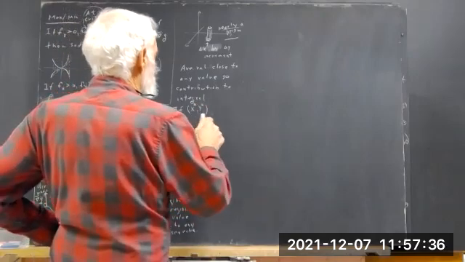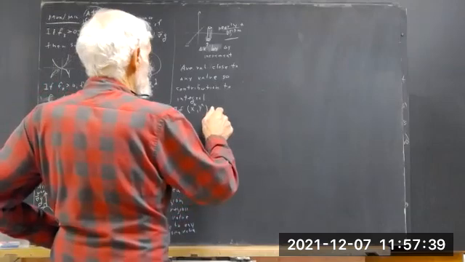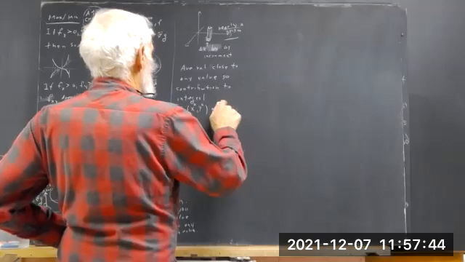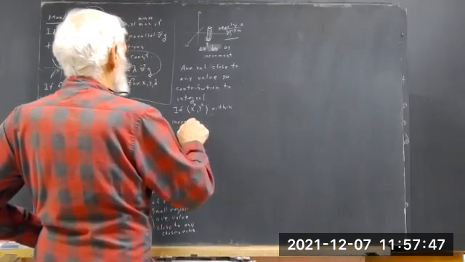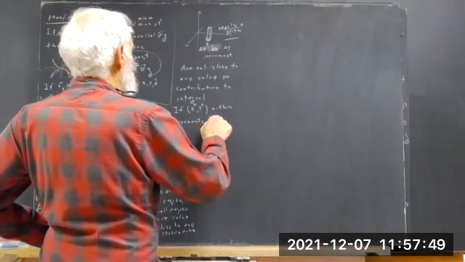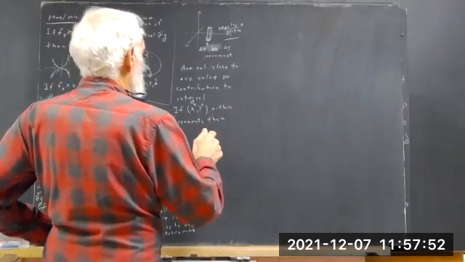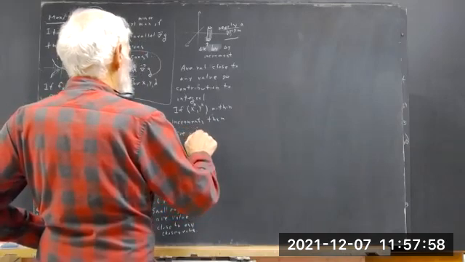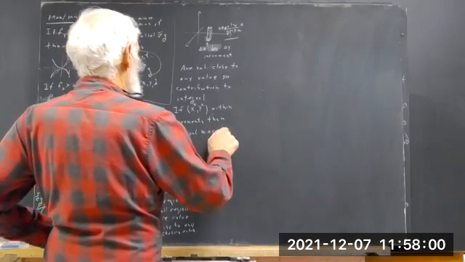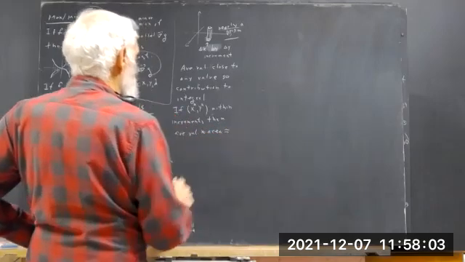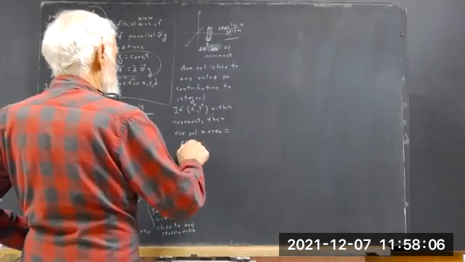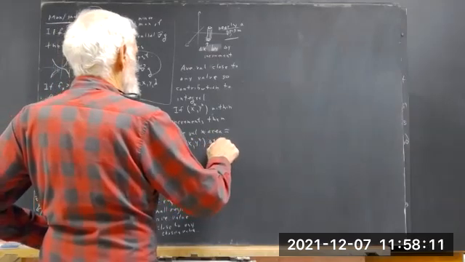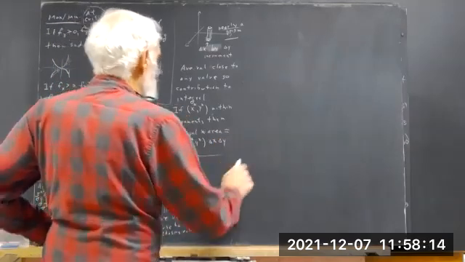I can say if x star, y star is within the increment, then the contribution is going to be close to f of x star, y star, delta x delta y.